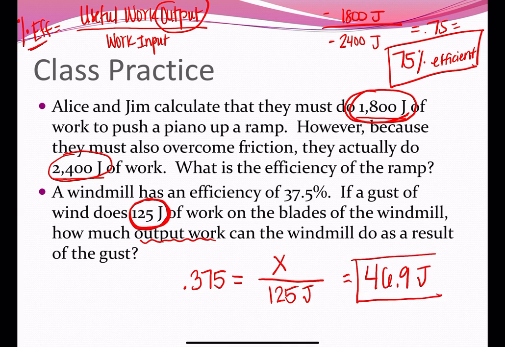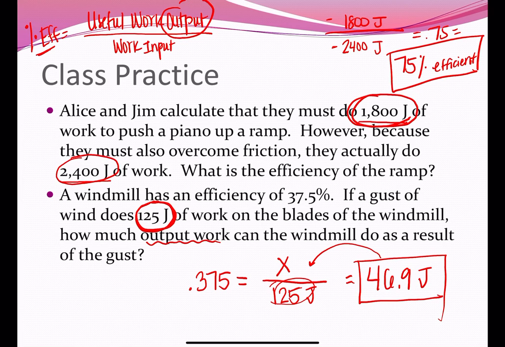And that is the output, okay? So that's what it would be if it were 37.5% efficient. Again, that's the number going on top, which makes it smaller than the number that we had on the bottom, okay? So you have 2 more to practice, so pause me here, practice those 2, and then come back and check your answer with me.